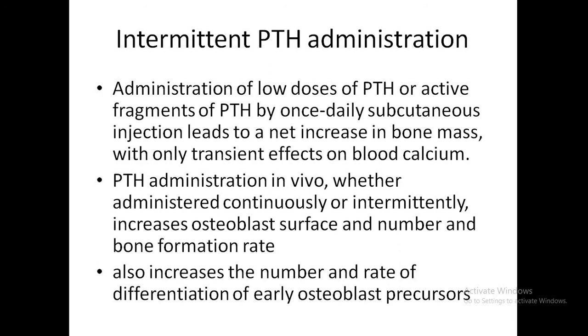Also, when PTH is administered in vivo, whether continuously or intermittently, increased osteoblast number and surface are noticed, and it results in an increased bone formation rate. PTH also increases the number and rate of differentiation of early osteoblast precursors.